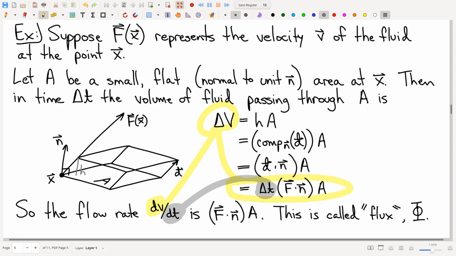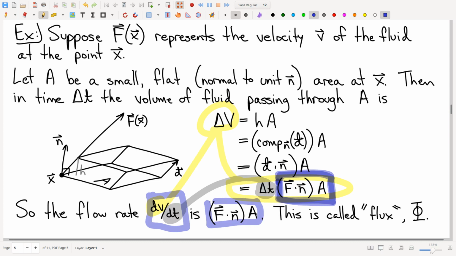It's the amount of time that it took for this picture to get created. And so altogether then, this object that we're interested in, volume per unit time, is this thing right here, right? F dot n times A, that's just what's left over after we divide through the dt right there. And this is what we call flux.